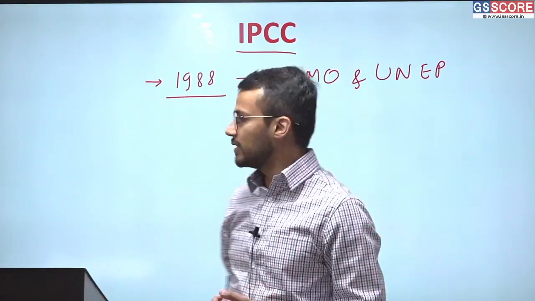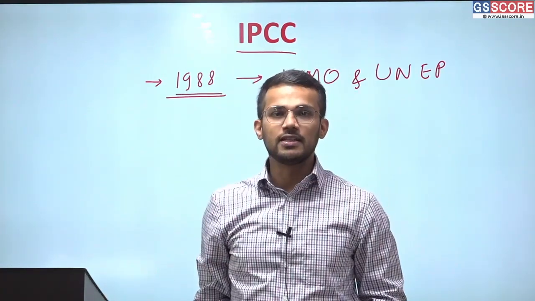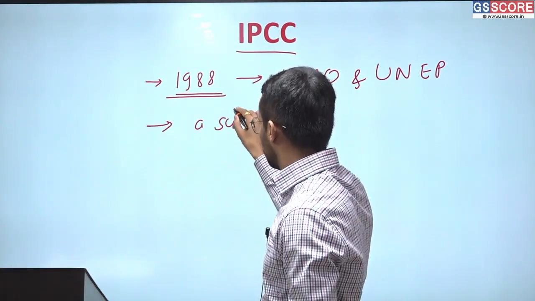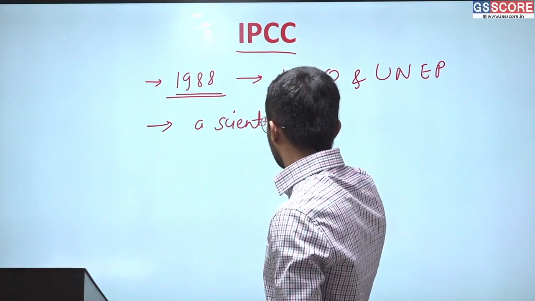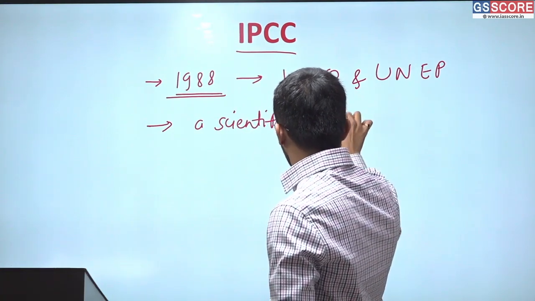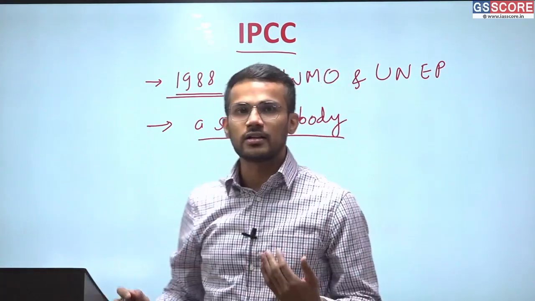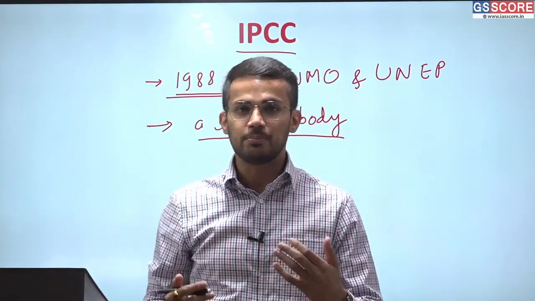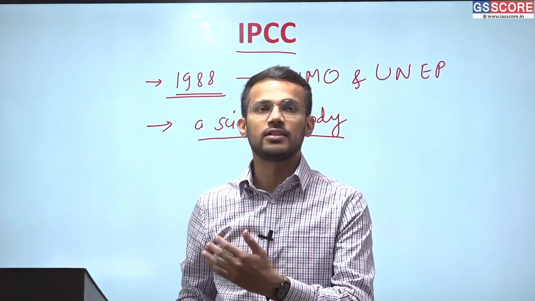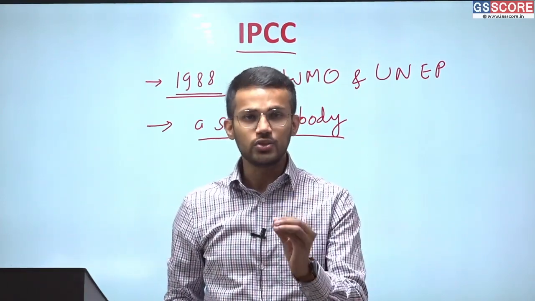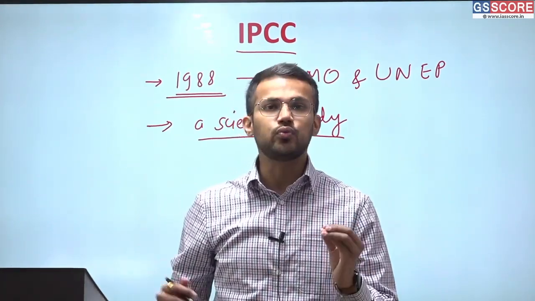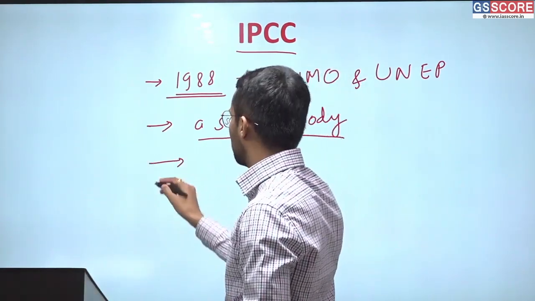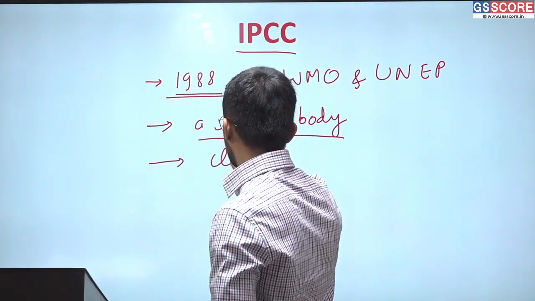WMO and UNEP established IPCC in 1988, and this body is a scientific body which, based upon the research conducted by different organizations or scientists, analyzes that research and tries to find out a scientific basis of climate change.